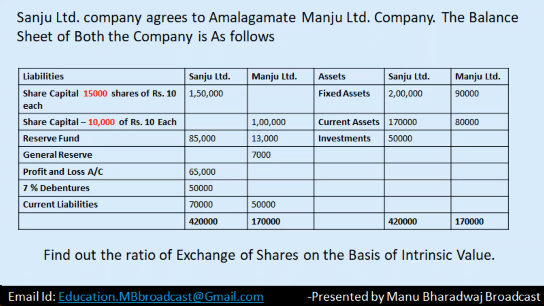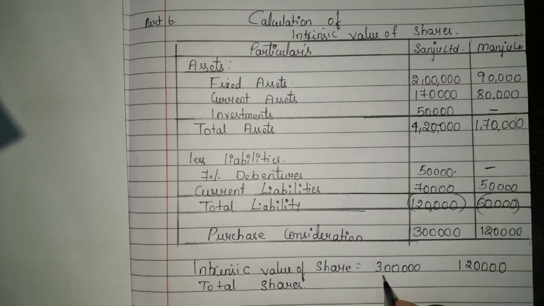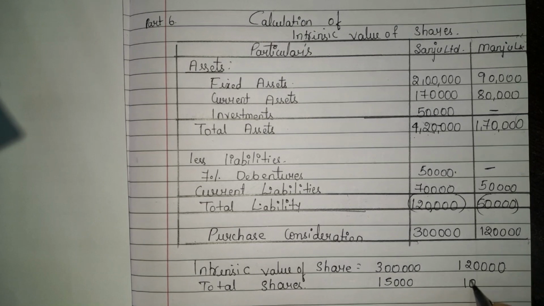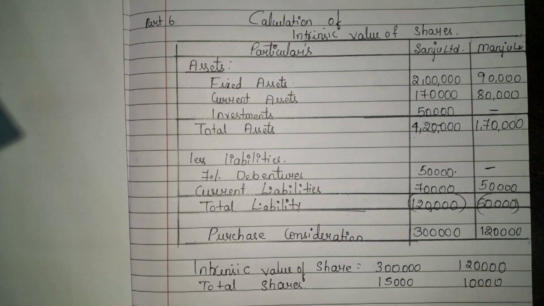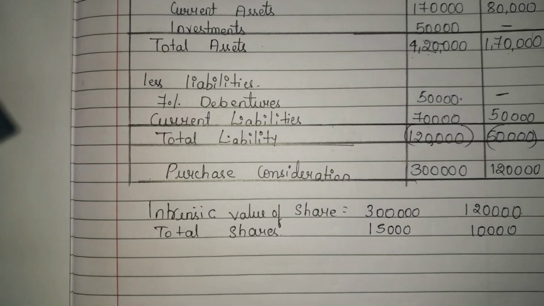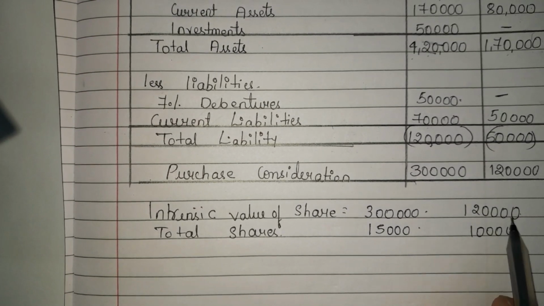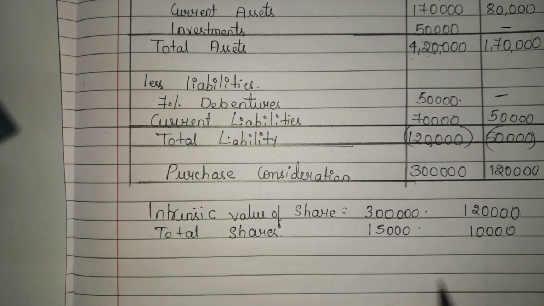If you see the balance sheet, Sanju Limited has 15,000 shares, whereas Manju Limited has 10,000 shares. Now divide 3 lakh by 15,000 and 12 lakh by 10,000.